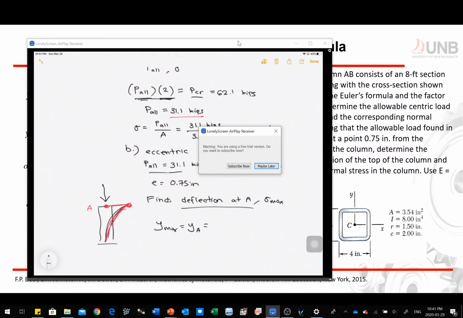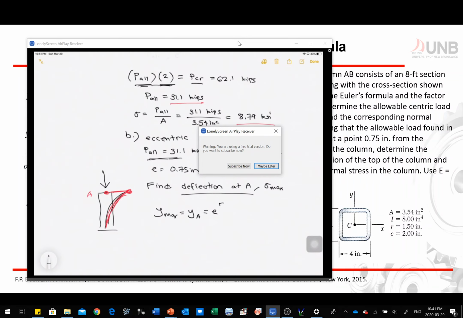So you're given P and PCR, and you are given the following equation. y sub A is equal to E times secant of pi over 2 times square root of P over PCR, minus 1. So we have this number right here.